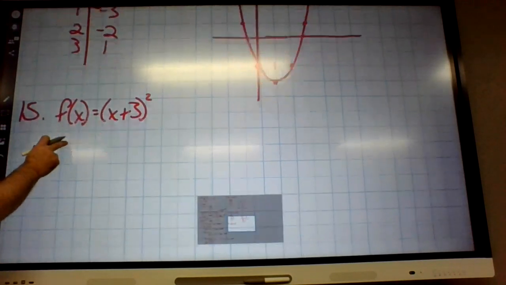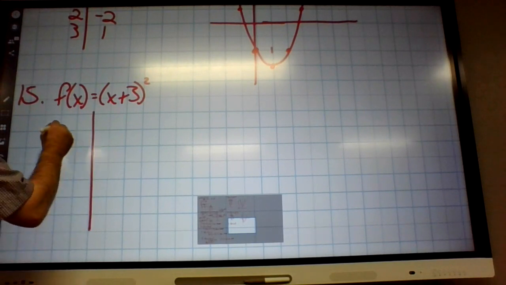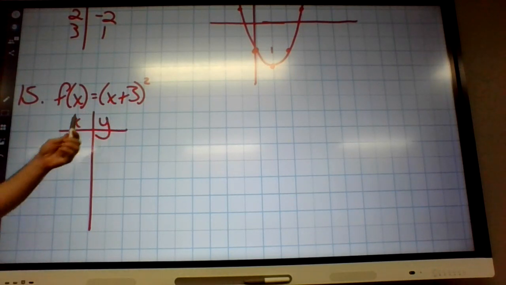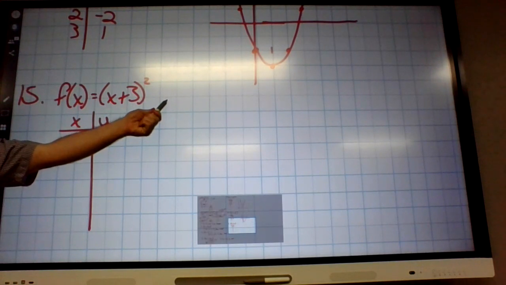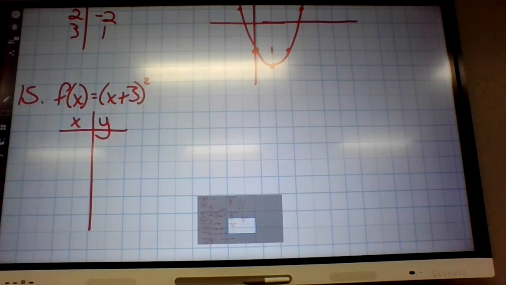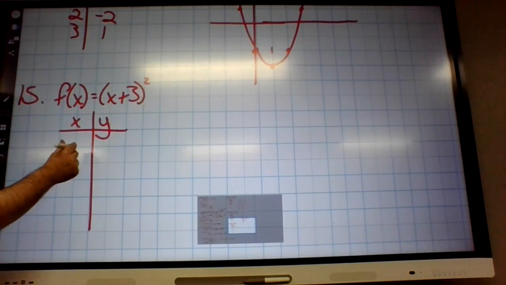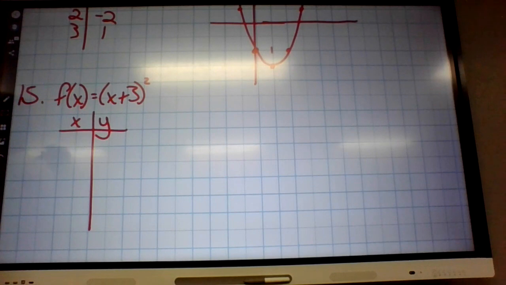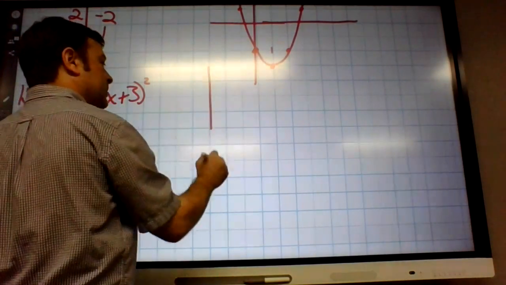Wyatt, where's the vertex going to be on this one? What's the plus 3 going to do to the graph? Left 3 and up 0. So where's the vertex going to be? Left 3 is, what's the coordinates of that?